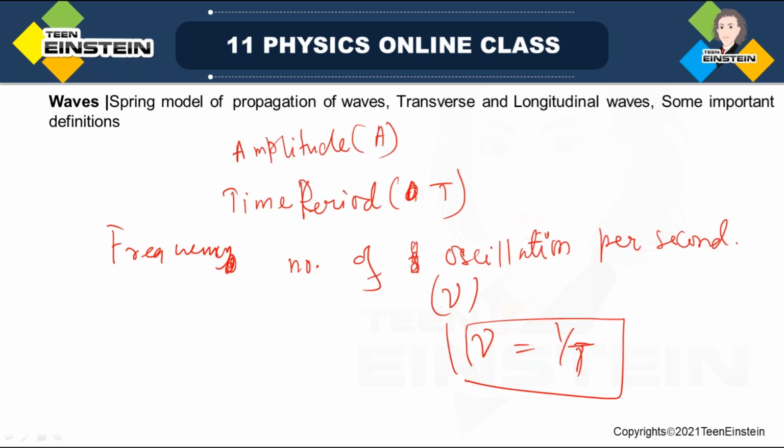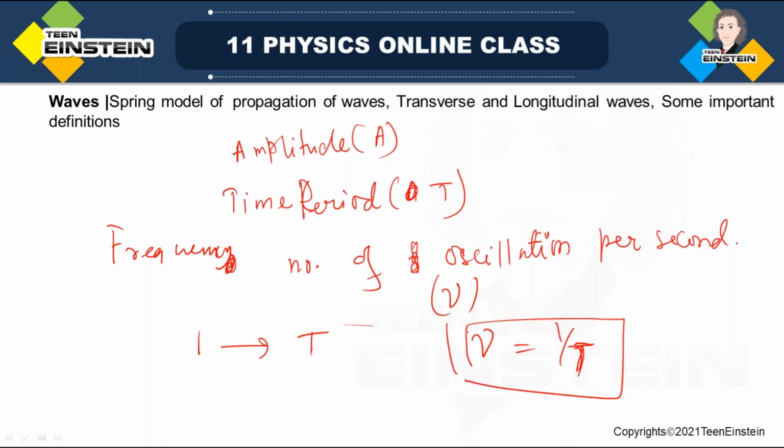Okay, so this is the relation between frequency and time period. So frequency is 1 over the time period, because we know if one complete cycle is in T seconds.